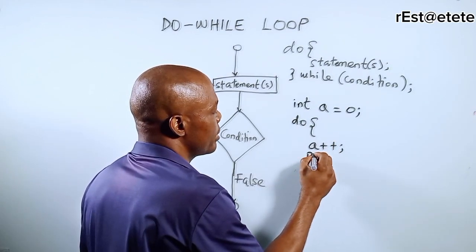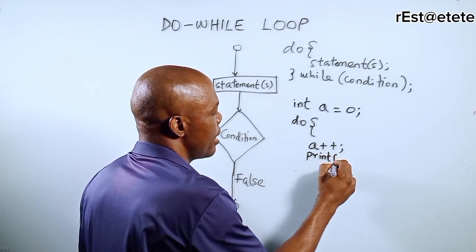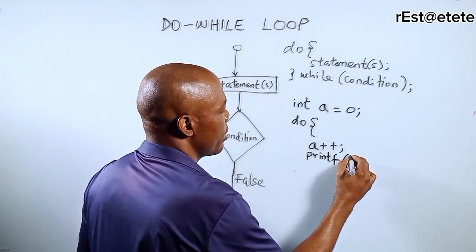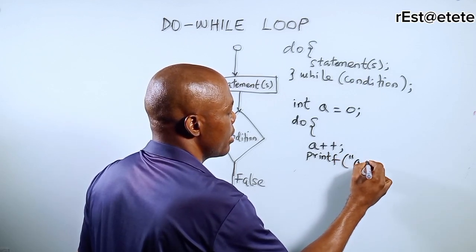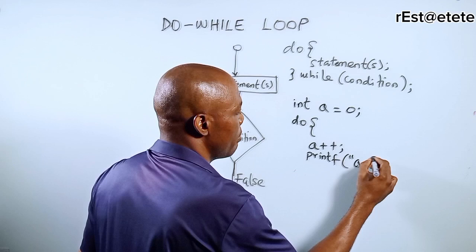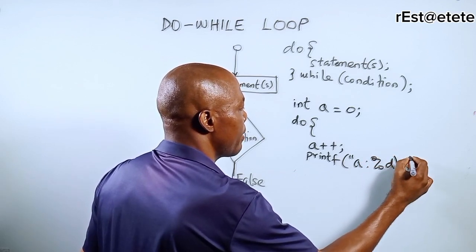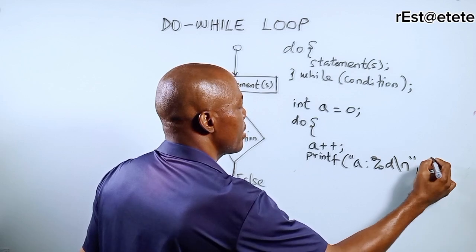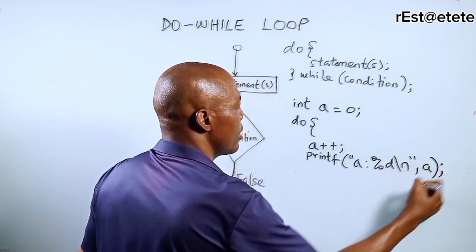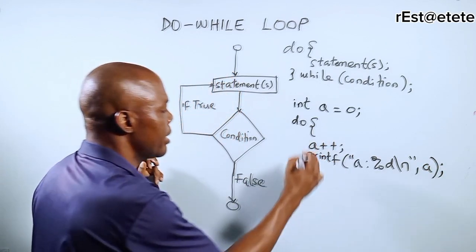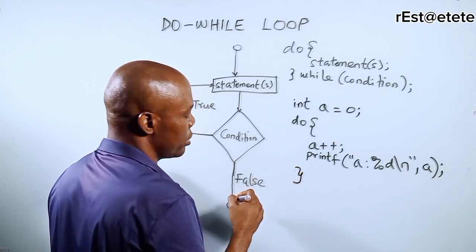Then I'll say printf("a: %d\n", a); another statement. So I have two statements inside. Then I'll come here and I'll close this.